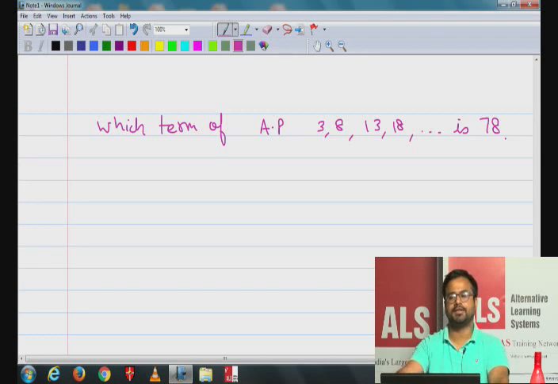This is an AP 3, 8, 13, 18, and which number term will be 78 over here? That's correct, Koima.